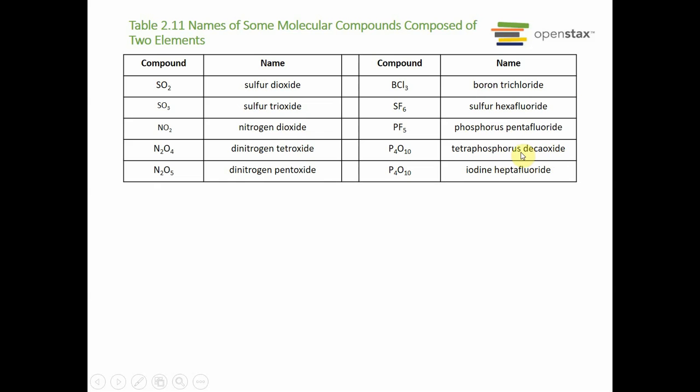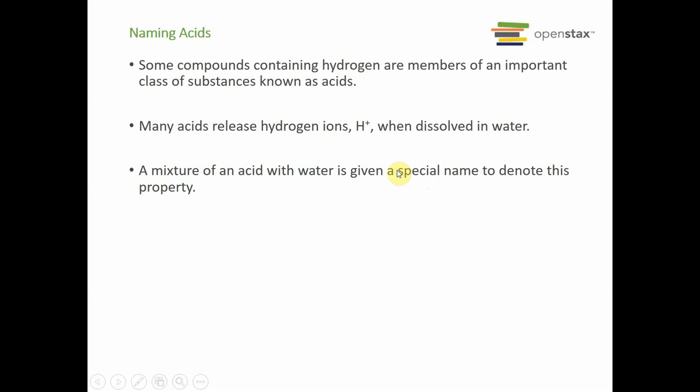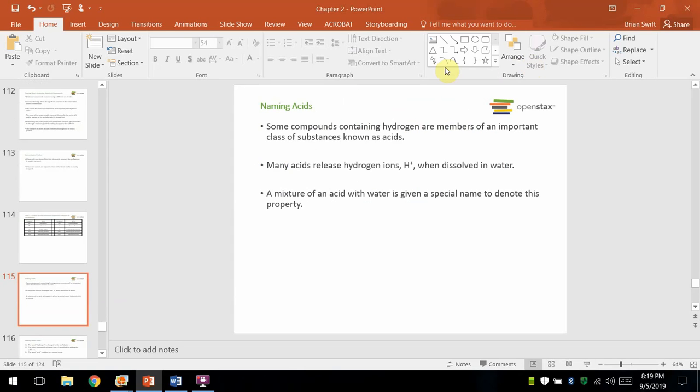Oh no, they didn't follow their own rule. Decaoxide. Looks like it should be decoxide, because by the rule that they had before. Iodine. Oh, this is completely wrong. They wanted to represent another compound there.